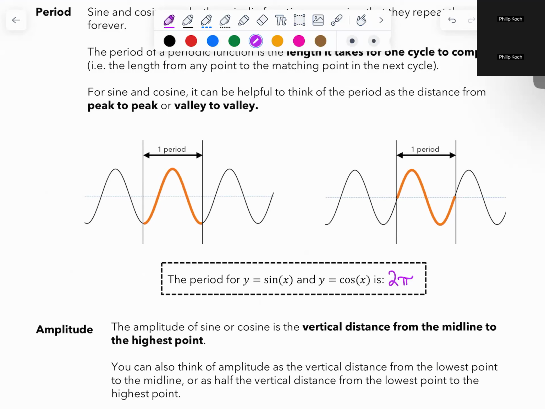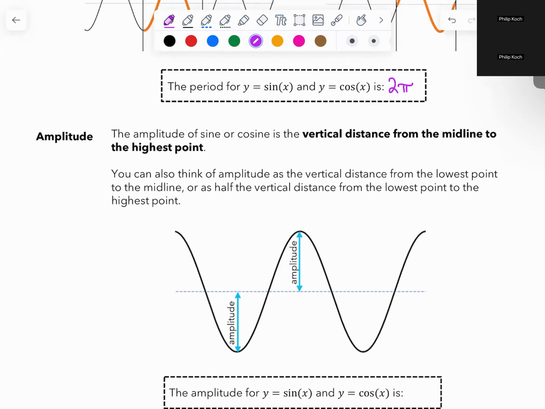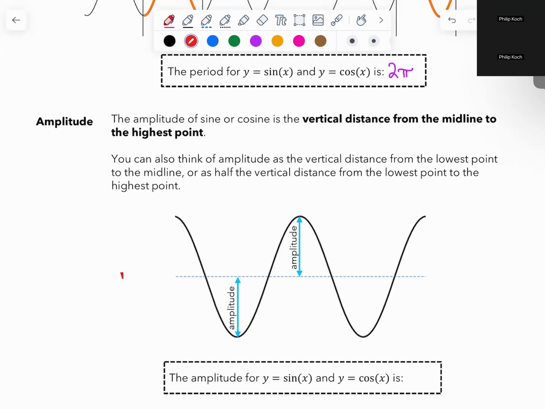The amplitude of a sine or cosine graph is the vertical distance from the midline to the highest point or the lowest point on the graph. So it's the vertical distance from the lowest point to the midline, or half the distance from the top to the bottom. This right here is the midline.